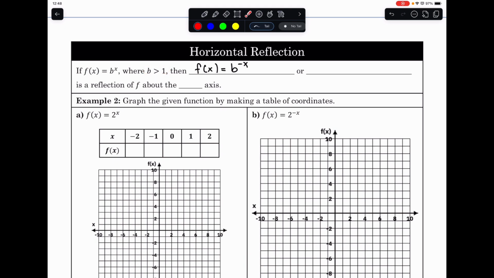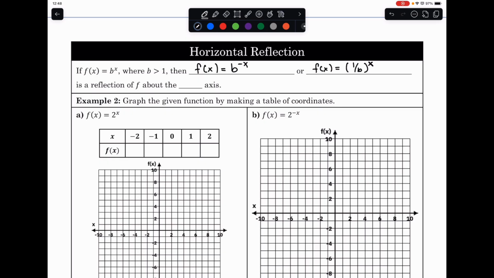Okay, 2, 3, 4, and so on. It could also be written like this because b is a positive number bigger than 1. Then we could also have the reciprocal of b, so 1 over b, making that number smaller than 1, and that changes the exponent to a positive value.